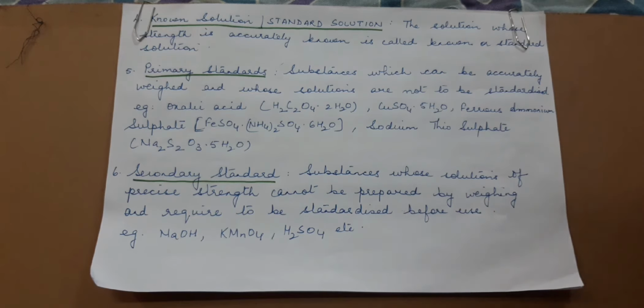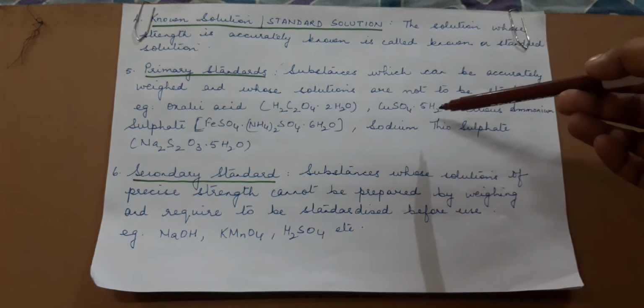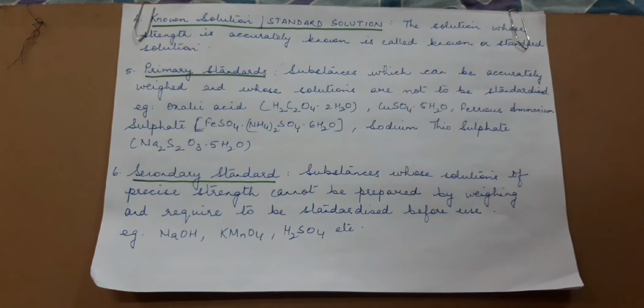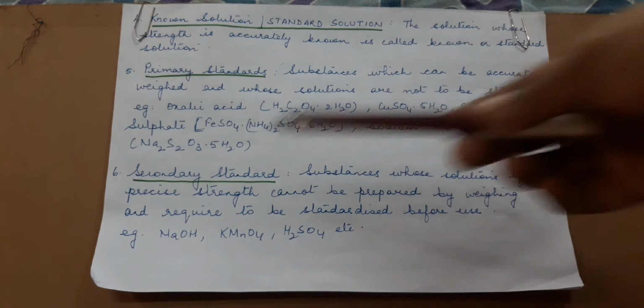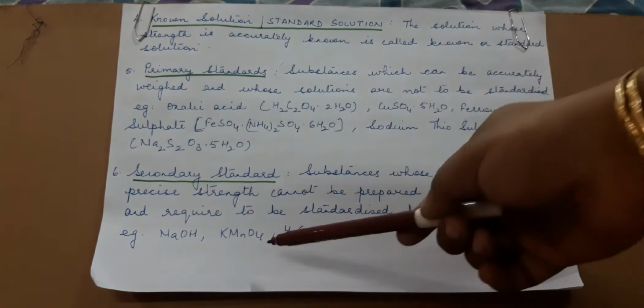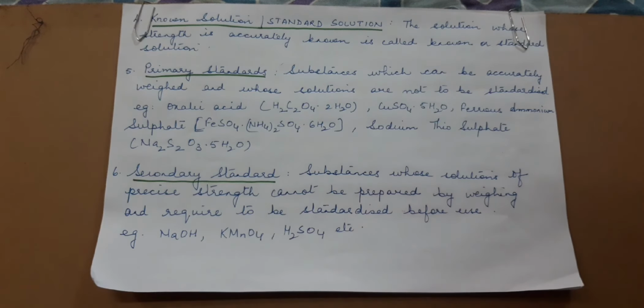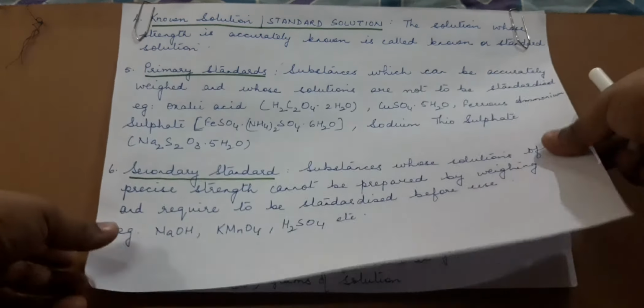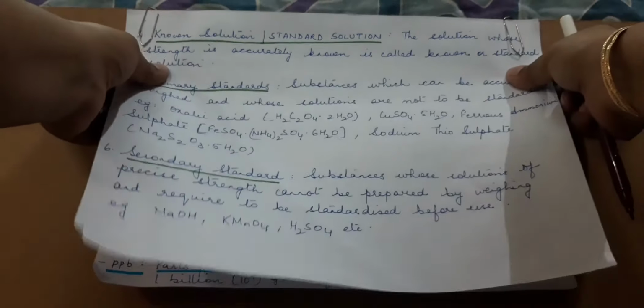Examples of primary standard: you have oxalic acid, copper sulfate, ferrous ammonium sulfate, sodium thiosulfate, etc. Secondary standards: you have NaOH or KMnO4, H2SO4, etc. These are your secondary standards. Okay, so that is a standard solution.